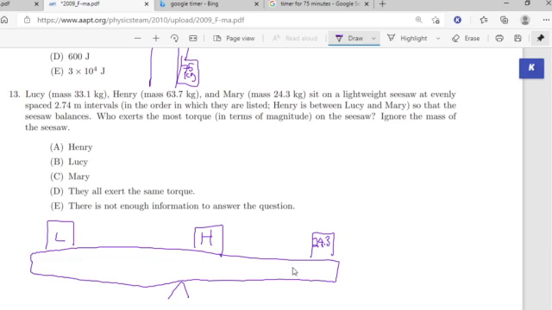Oh wait, it should just be Lucy then, because if Henry was on the same side as Lucy, well, Lucy is exerting the most torque. Yeah, okay, it should be Lucy.